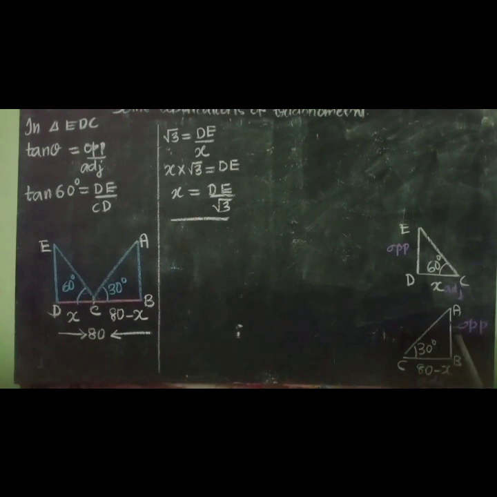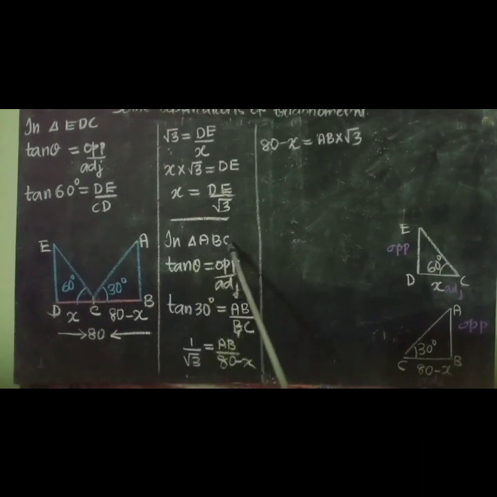Now consider the second right triangle ABC with the acute angle 30 degree. AB is the opposite side and BC is the adjacent side. It is 80 minus X. Let us take the ratio. In triangle ABC, tan theta equal to opposite side by adjacent side.